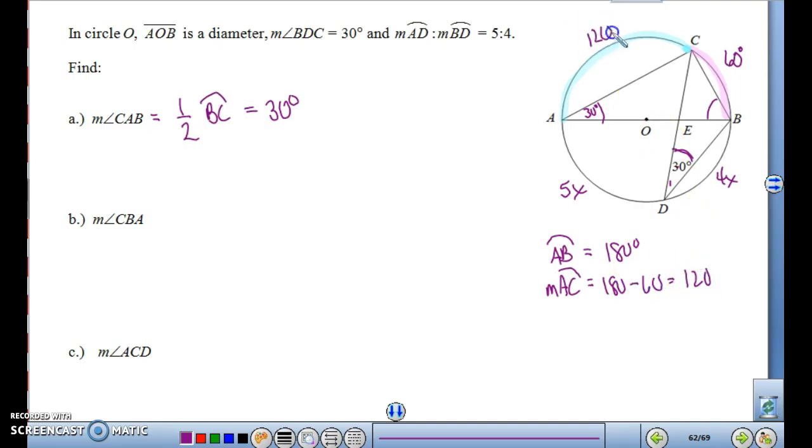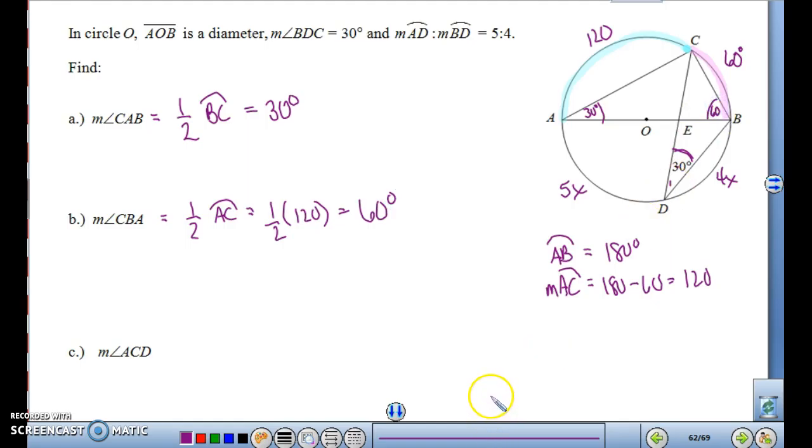So the measure of angle CBA will equal half the measure of arc AC. And we just found that AC was 120, so it's half of 120, which is 60. So this angle right here will be 60.